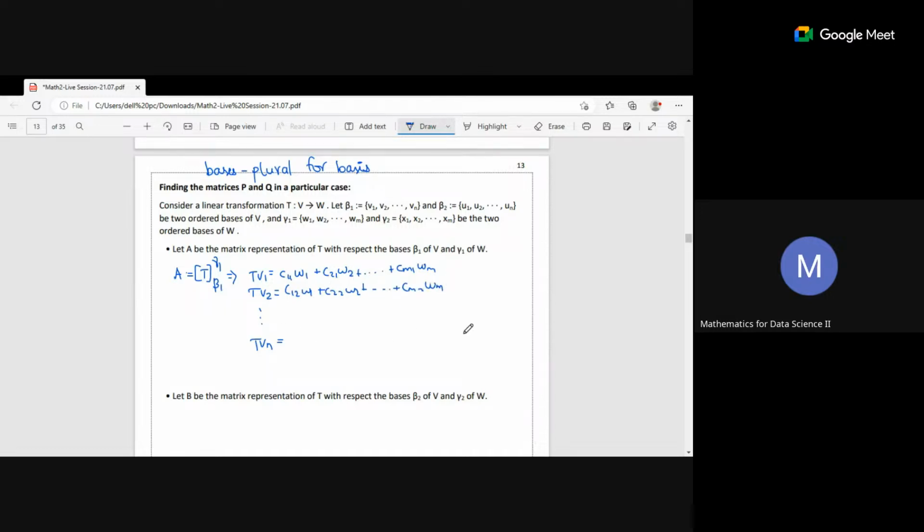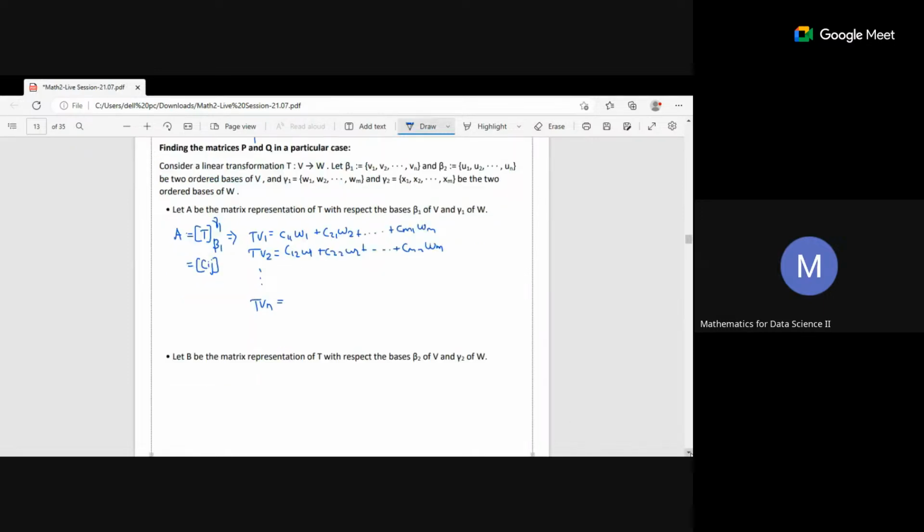In this way, whatever the Cij are, that is your matrix here. And what is your B?